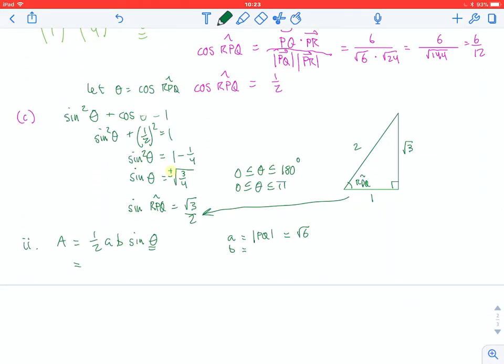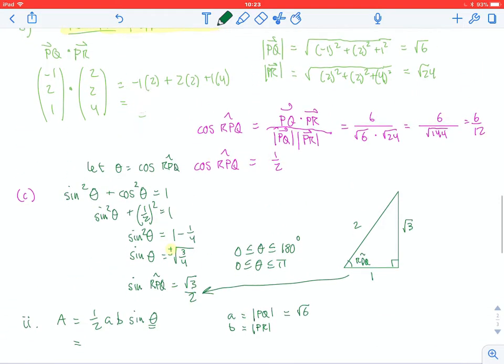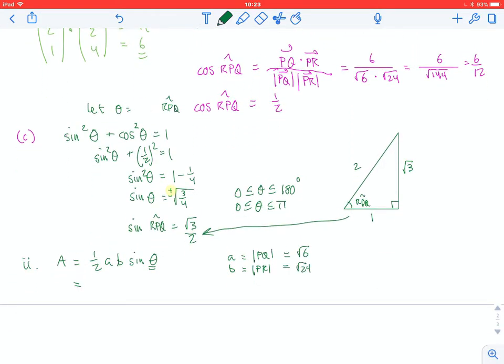So B is the magnitude of PR, which we have figured out is 24. And we also know that sine of theta is square root of 3 over 2. So we can just substitute in. This becomes 1/2 square root of 6 times the square root of 24 times square root of 3 over 2.